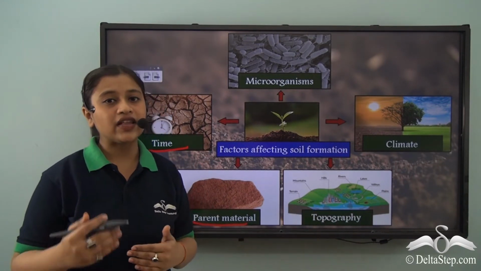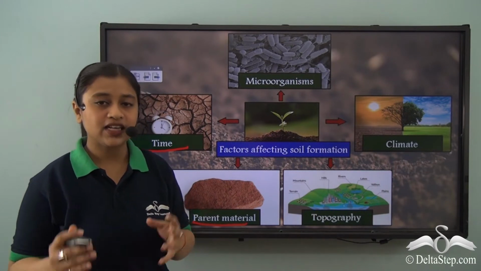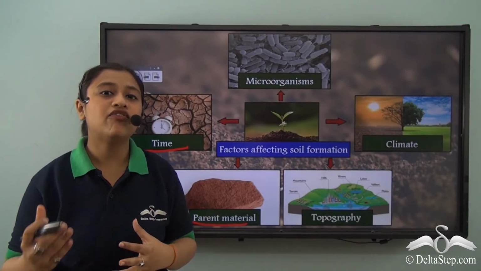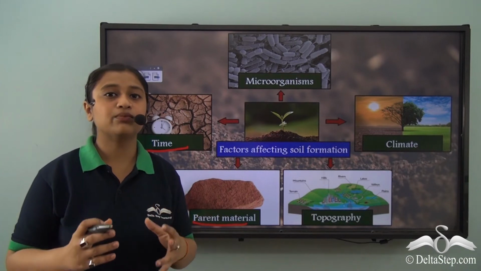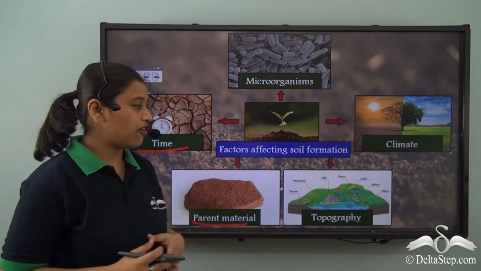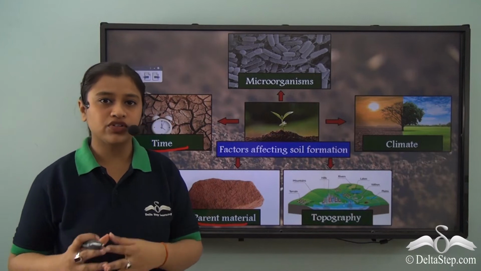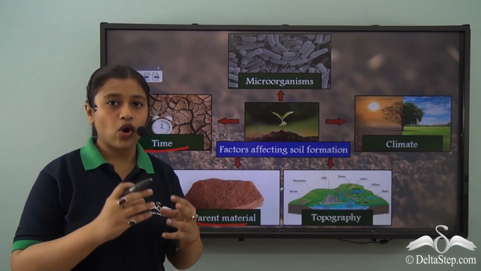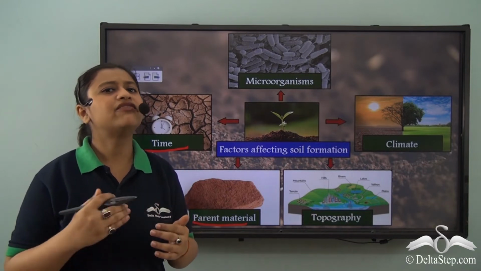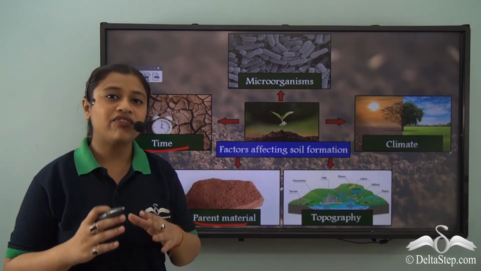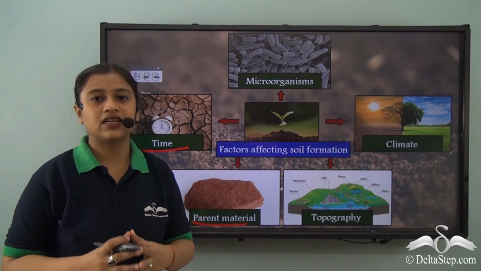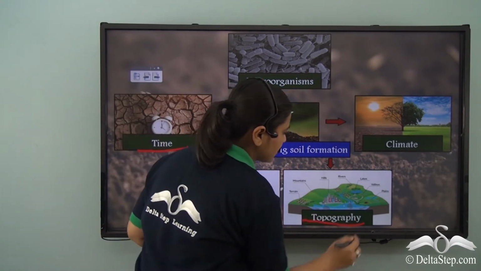Where the weathering of the parent rock takes place, and where the soil is being formed or deposited, is to be taken into account. Soil differs with topography. The soil on a hill slope may be very different from that on a flat alluvial or fertile land. So topography is another important factor.